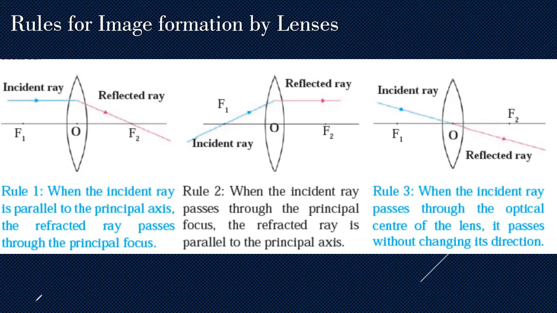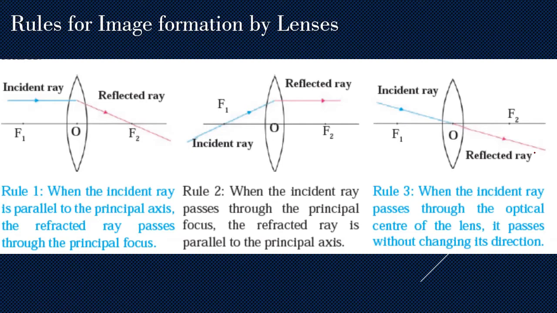See, the third one says, a light ray passing through the optical center will go away undeviated, right, without changing direction. In mirrors, we studied that a ray of light passing through the center of curvature retraced the same path because it was reflection. Now this is refraction. It is going from one transparent medium to another transparent medium, right?